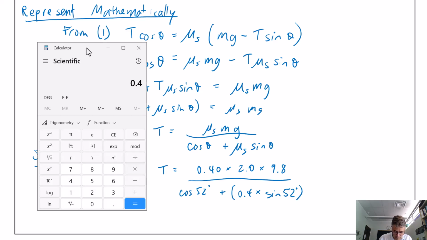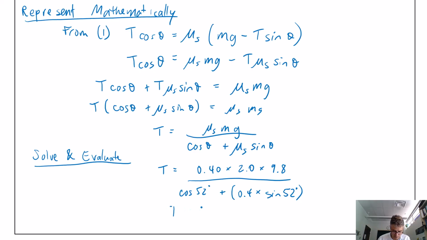So 0.4 times 2 times 9.8 divided by, open parentheses, 52 cosine, plus, open another parentheses, 52 sine times 0.4, close parentheses, equals 8.42. Tension equals 8.42. That is in newtons, and I'll put a box around it, and that is my final answer.